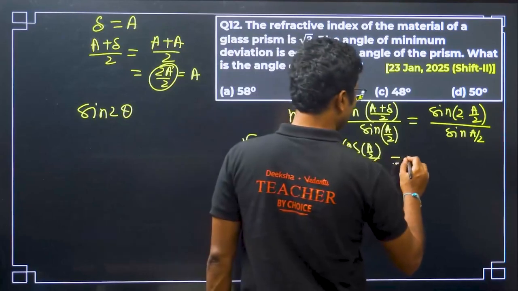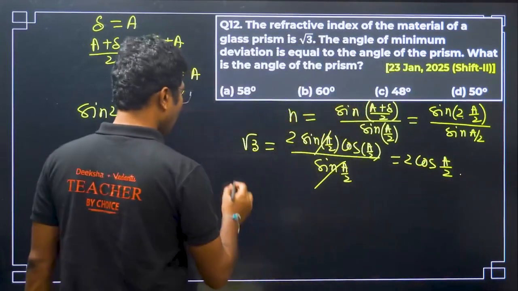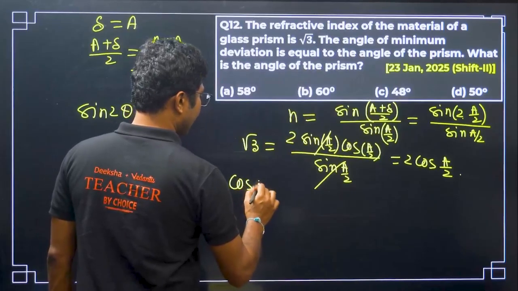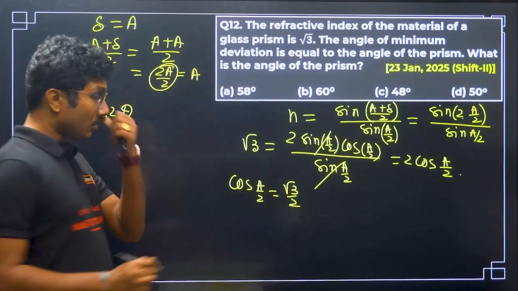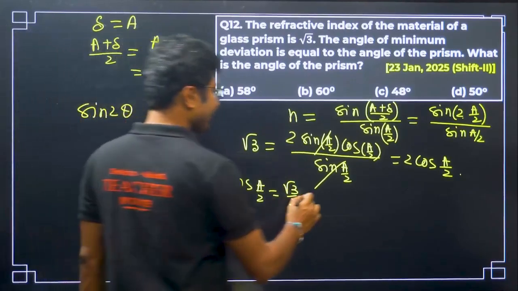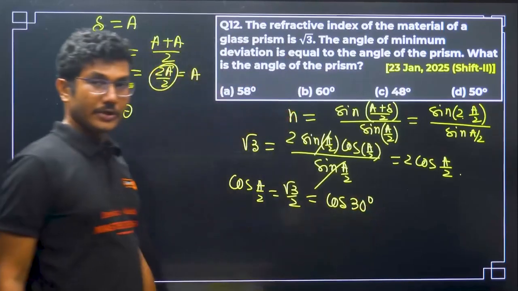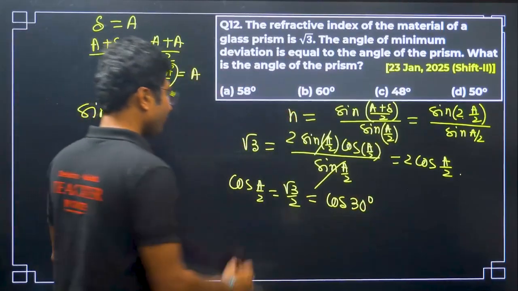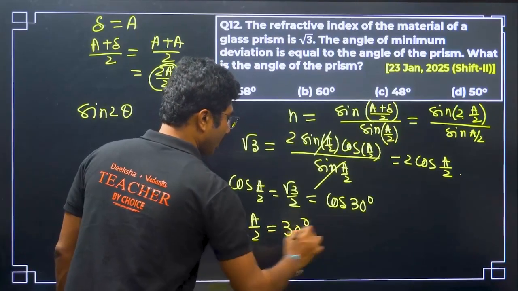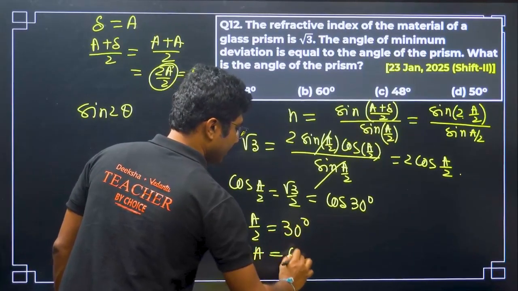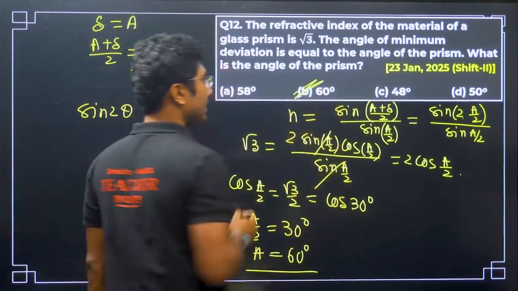So, you get this as 2 cos(A/2) equals √3, or cos(A/2) equals √3 by 2. Now, what is the value of √3 by 2? √3 by 2 is basically cos 30 degrees. Cos 0 is 1, cos 30 is √3 by 2. So, from here we can say A by 2 is 30 degrees or A equals 60 degrees. Okay. So, the answer is 60 degrees.